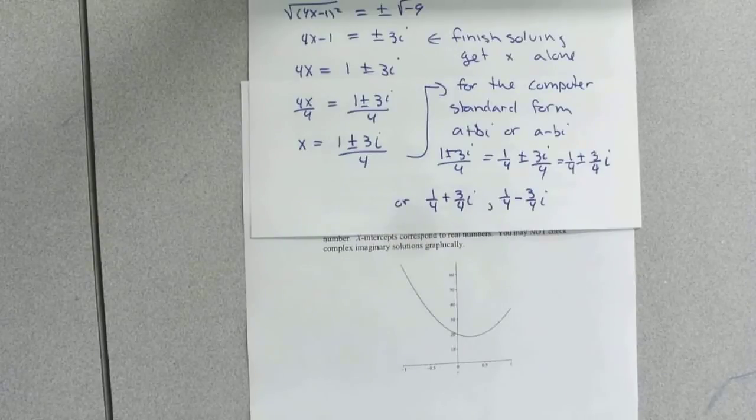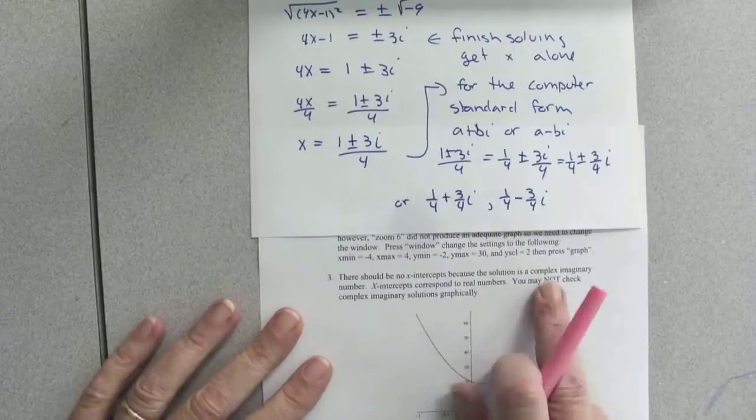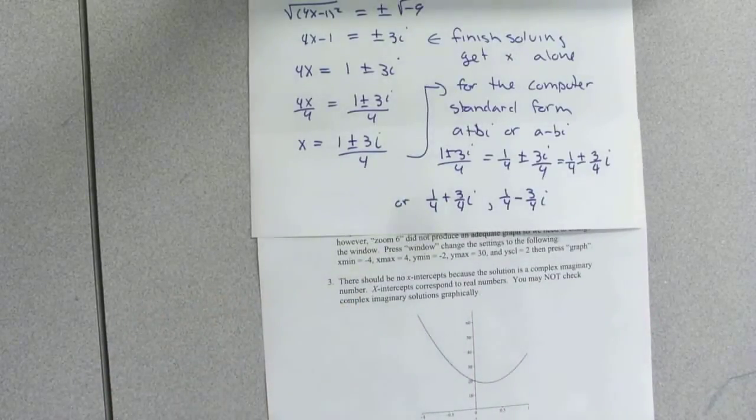And it has no x-intercepts. And there should be no x-intercepts because the solution is a complex imaginary number. If your answers come out to be imaginary, that means there will not be x-intercepts. X-intercepts correspond to real solutions, to things without i's.